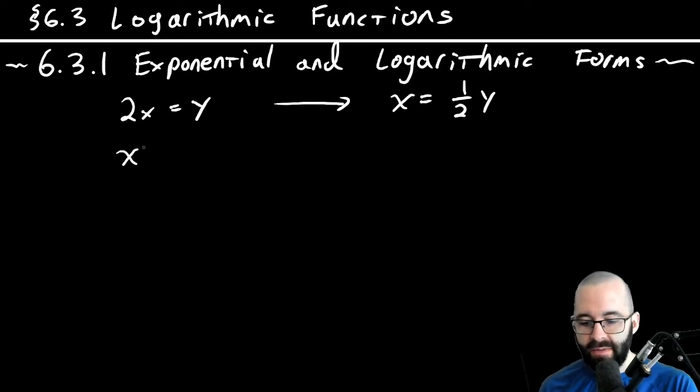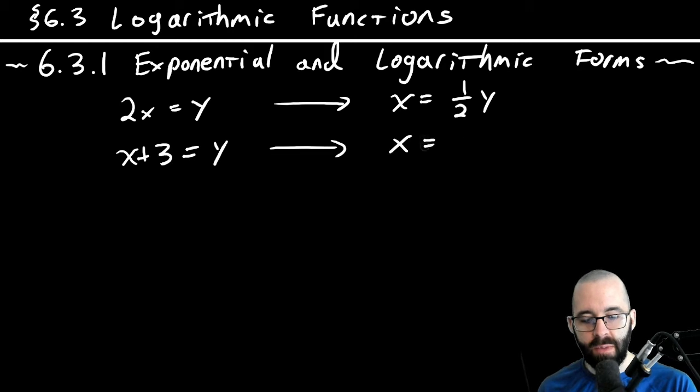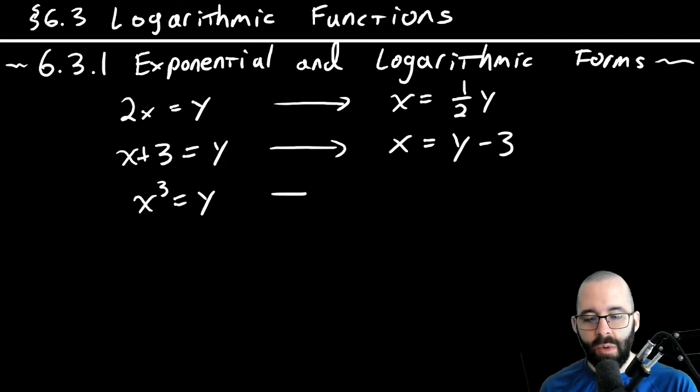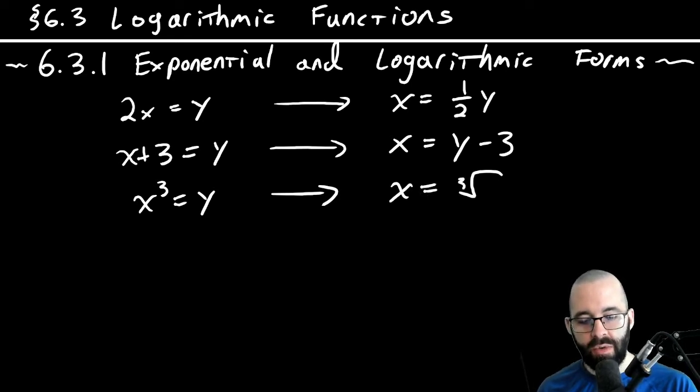All right, we had addition, right? If we had addition, how do we undo that addition? Well, we would subtract. Subtract 3 from both sides, and we get y minus 3. If x was getting cubed, how did we undo that? Well, if x was getting cubed and we wanted to undo it, we would take the cube root of both sides.